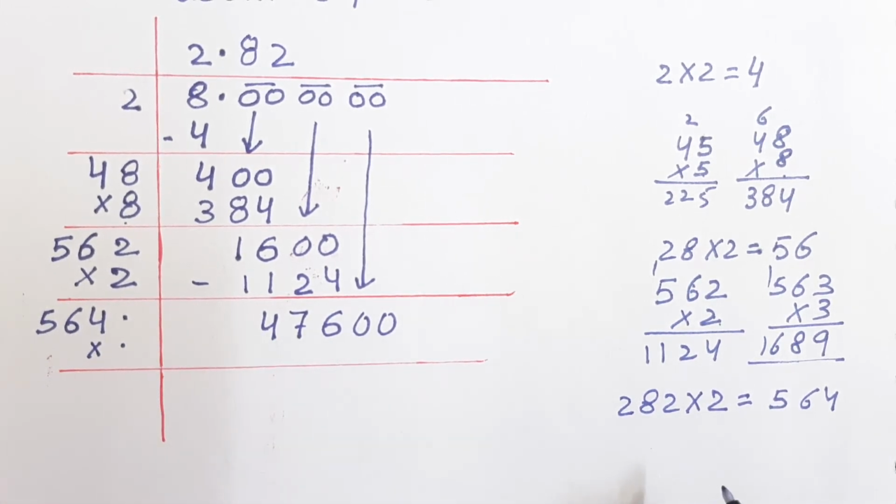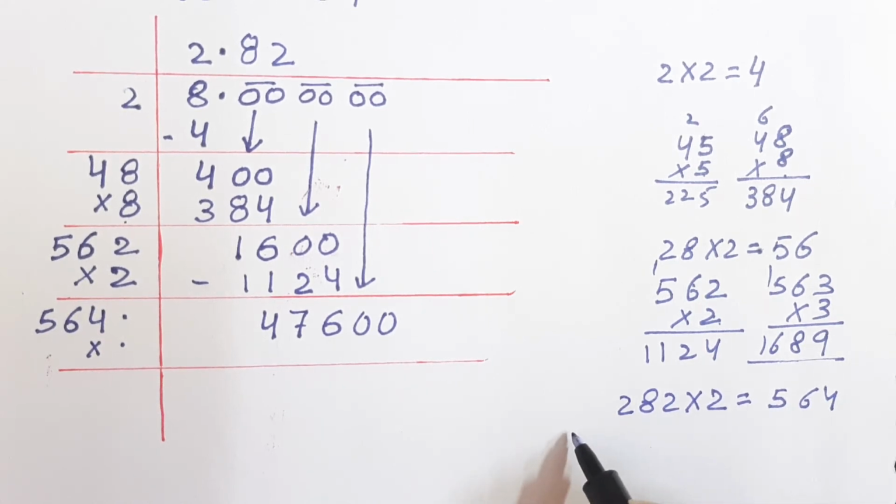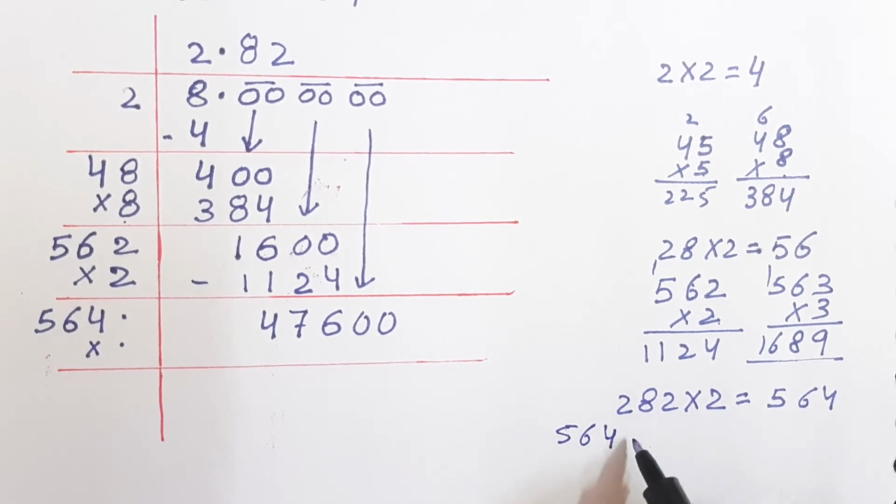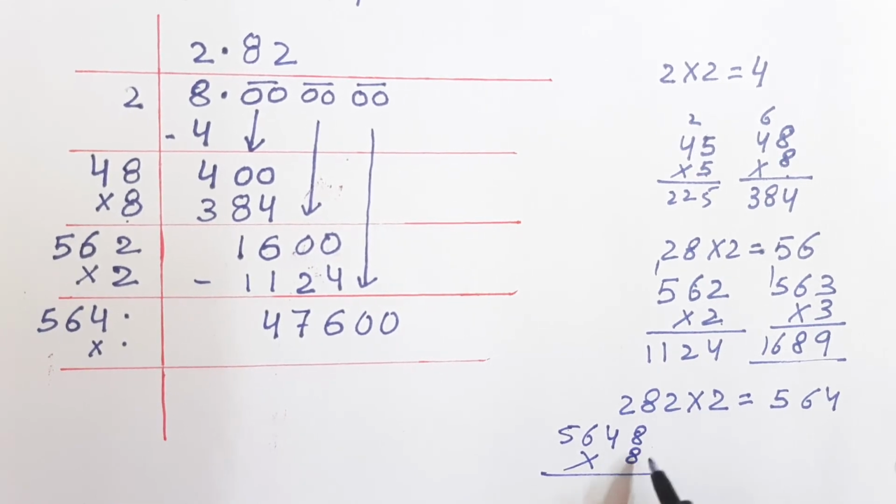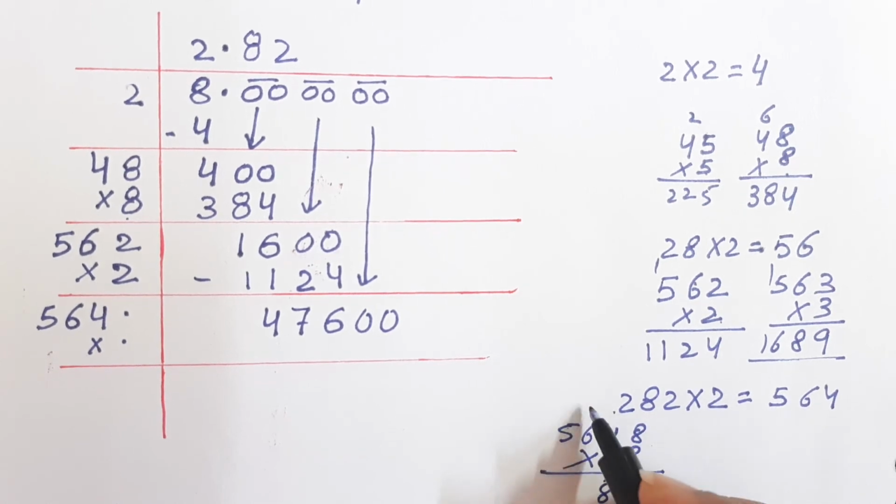So I will try with the number, let us say, 5648 times 8. 8 8s are 64, 6, 8 4s are 32, 32 and 6 is how much? 38.